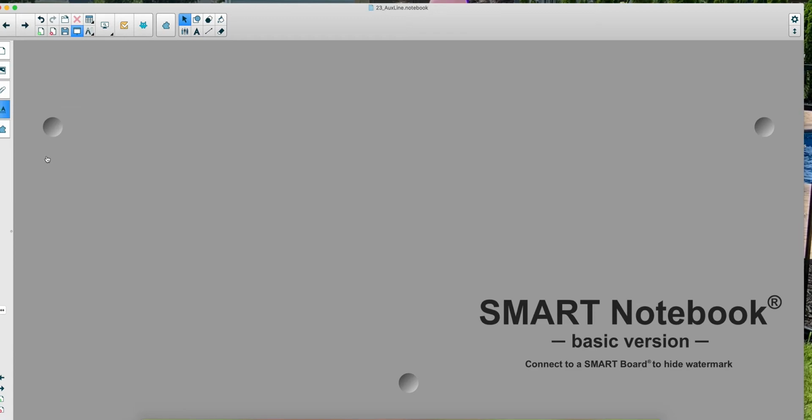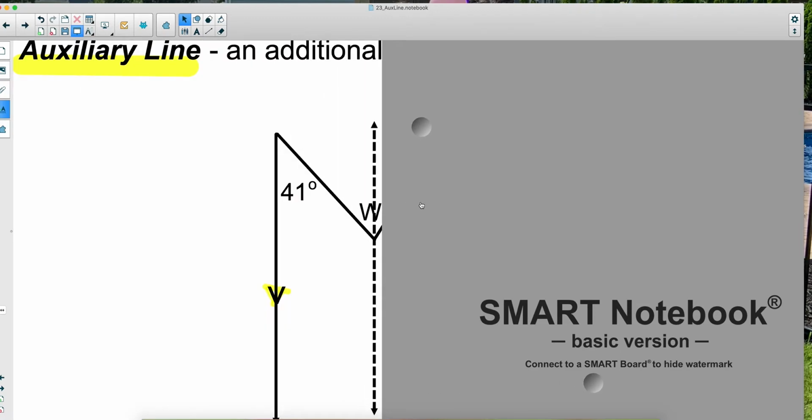And now if I actually take this screen and I hide right here, now I have these parallel lines in blue cut by this little transversal here. Now remember, transversals can stop or go through.